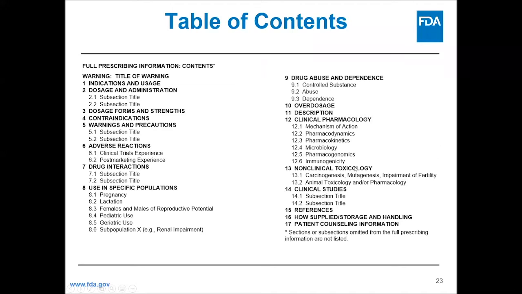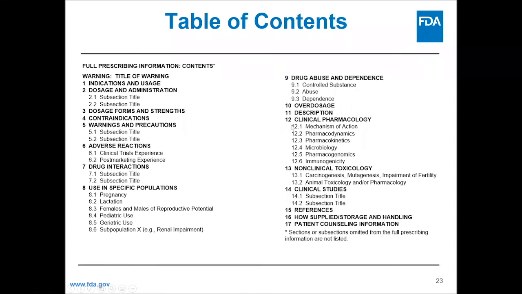The next part is the table of contents, which is self-explanatory. I should note that this is in structured product labeling files. These are hyperlinks. So if you want to know about the mechanism of action, you could click that and go to subsection 12.1, the mechanism of action.